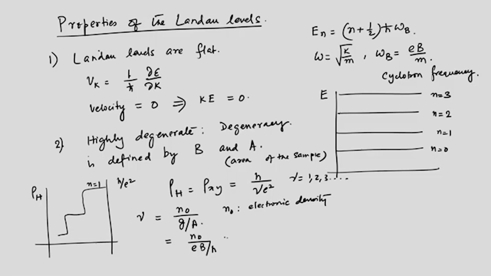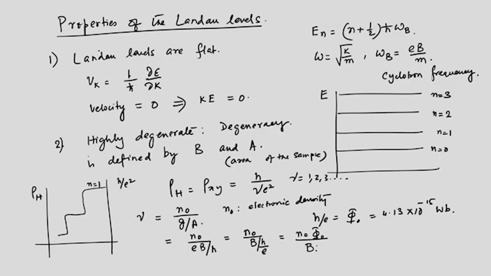I can write this as n0 divided by B and divided by h over e, and h over e is nothing but a flux quantum, which has a value of 4.13 times 10 to the power minus 15 Weber. So this is the value of the flux quantum. So this is really like n0 divided by B over phi 0, or n0 phi 0 divided by B.